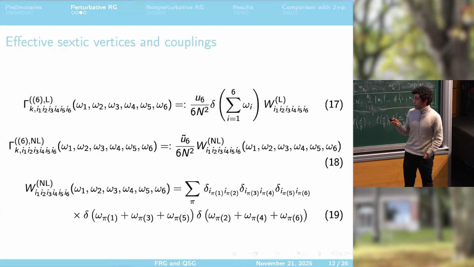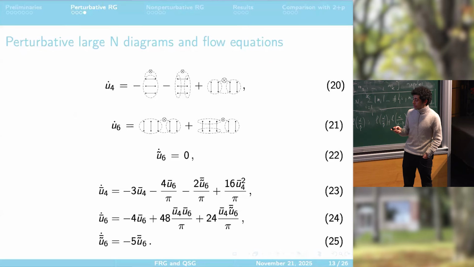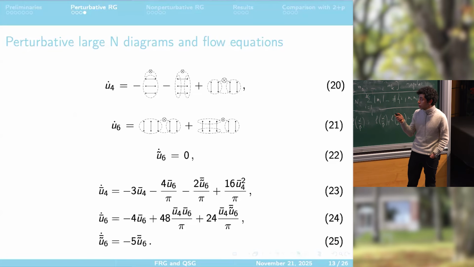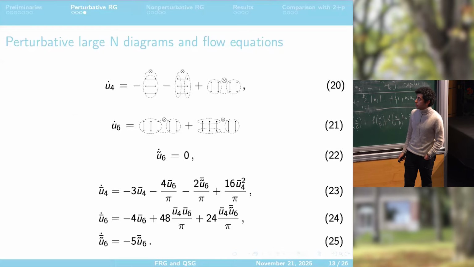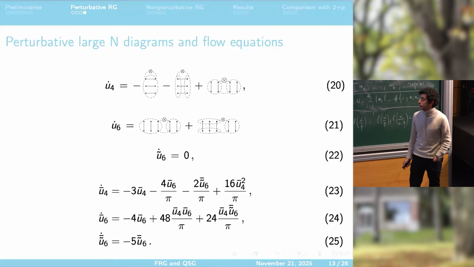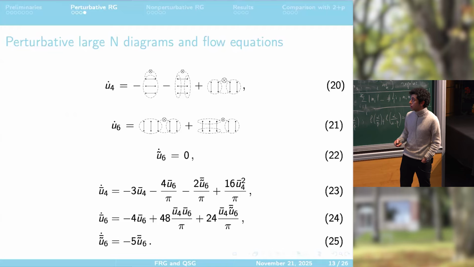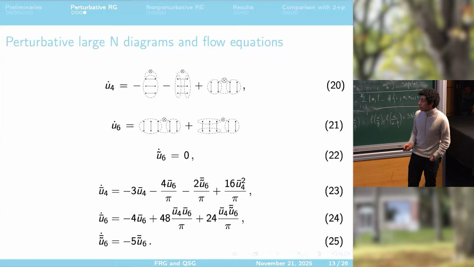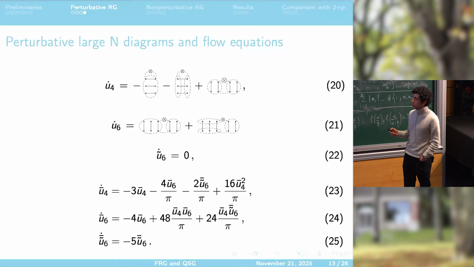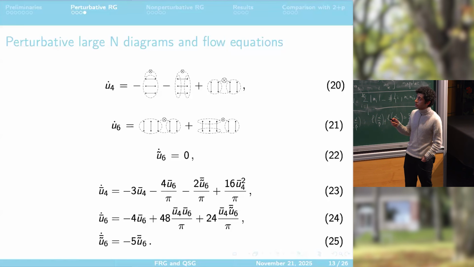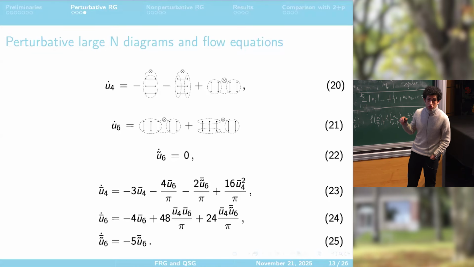And if we look at it diagrammatically, it means that we have a term like this, that is the bilocal 6-point interaction. So if we look at one loop, here in this perturbative method, we assume that our coupling constants are small.